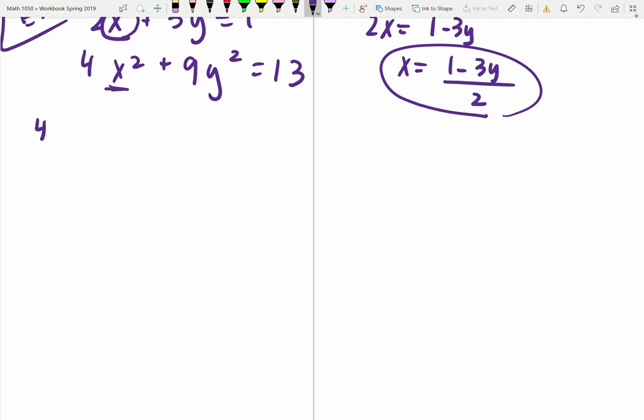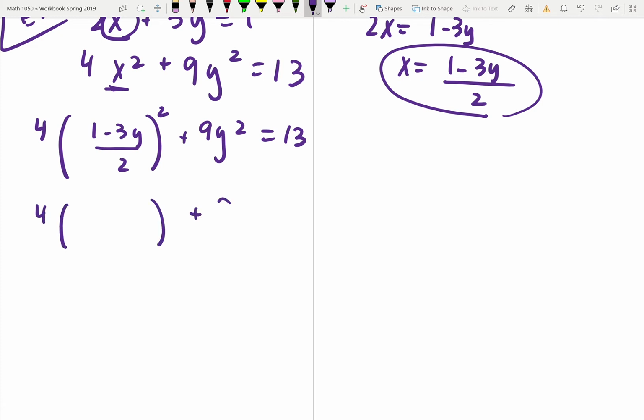So everybody go 4, and then a big parenthesis, 1 minus 3y over 2 plus 9y squared equals 13. Squared. Thank you. Okay, so leave that squared business empty and write everything down, and all I'm going to do is square that.